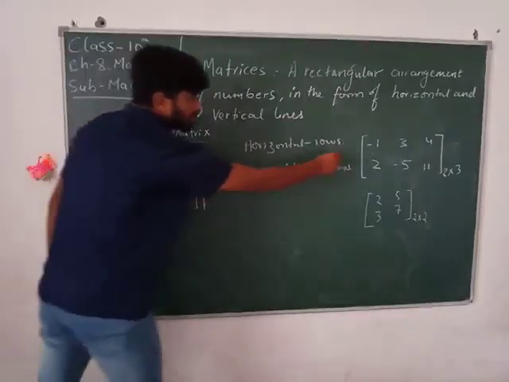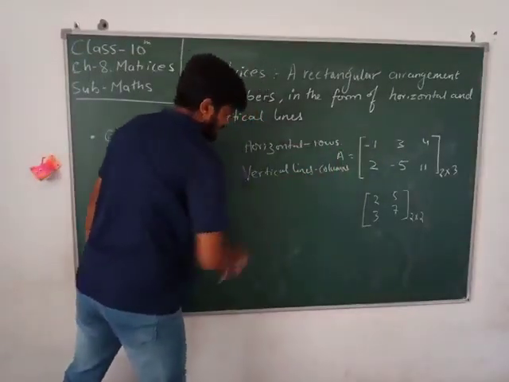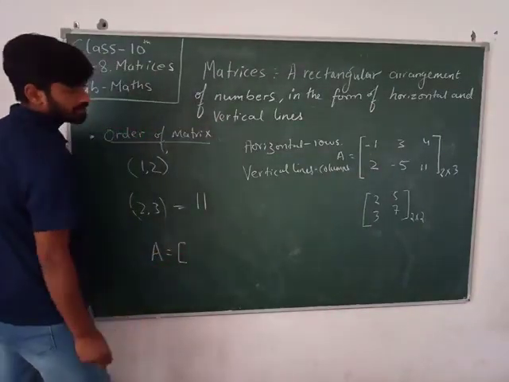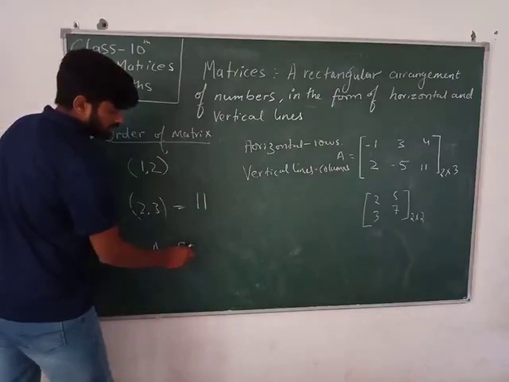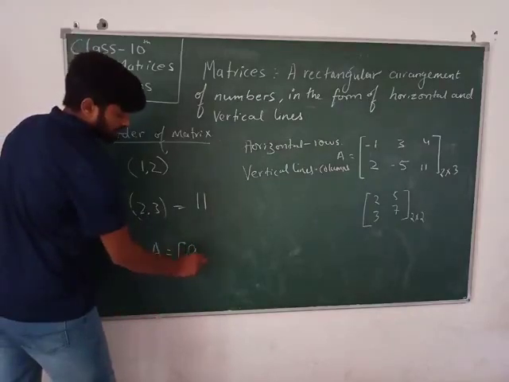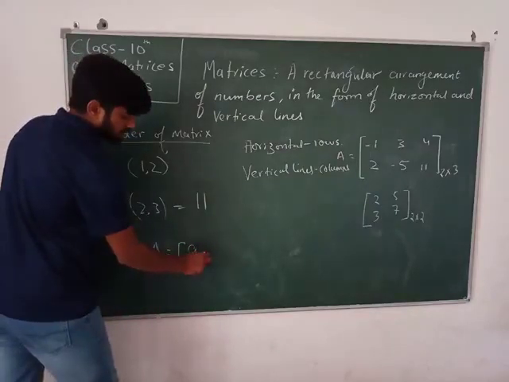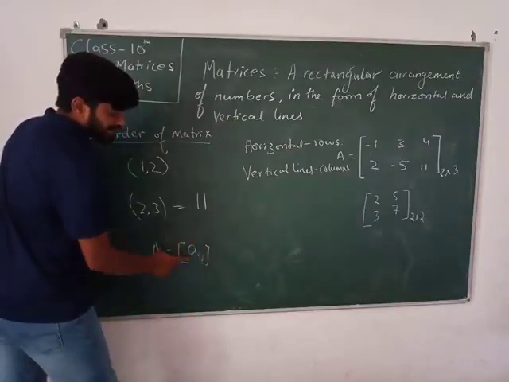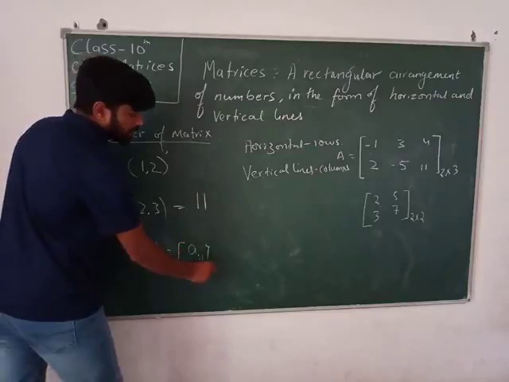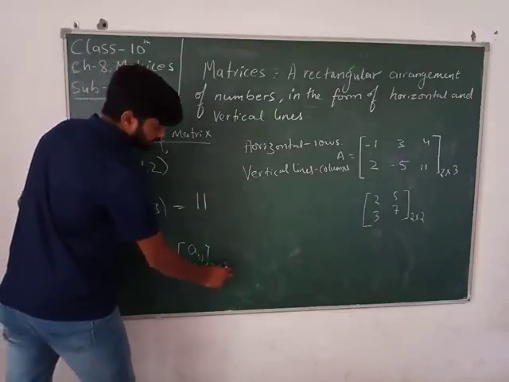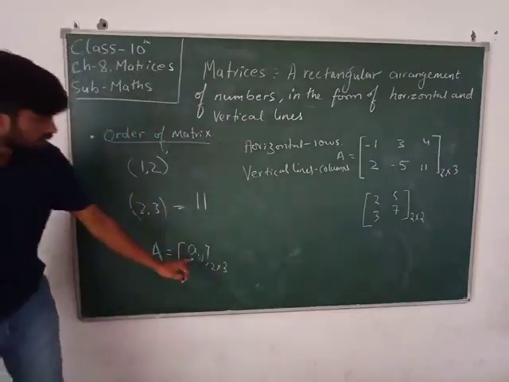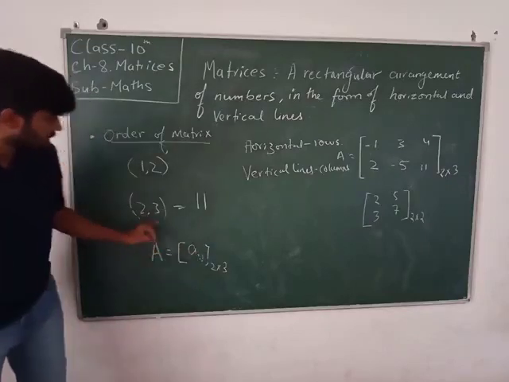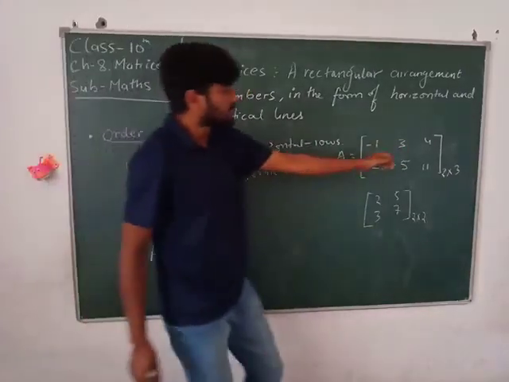For example, the name of the matrix is written like this: A equals, and then I write A of i comma j. Basically this is row, this is column. This address tells what A will be. And my matrix is of 2 into 3. So it says I and J, this is row, this is column. So I have asked you what this will be.